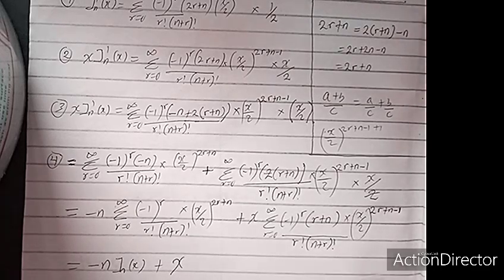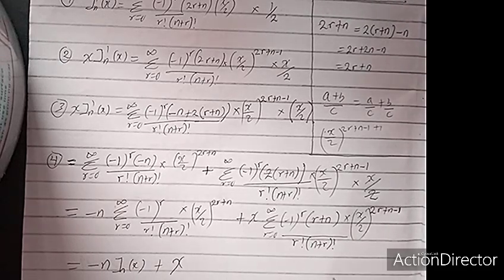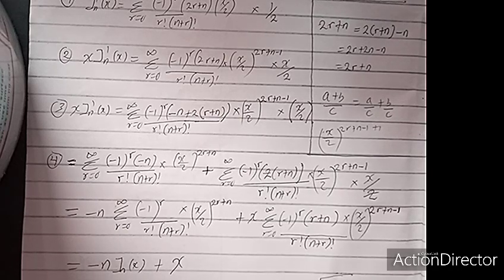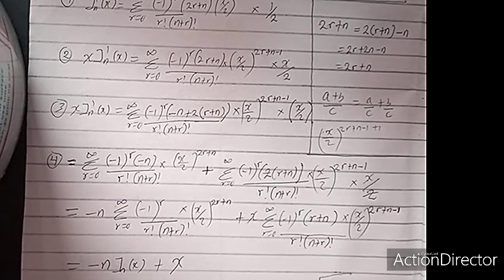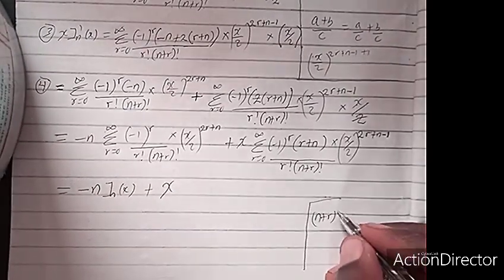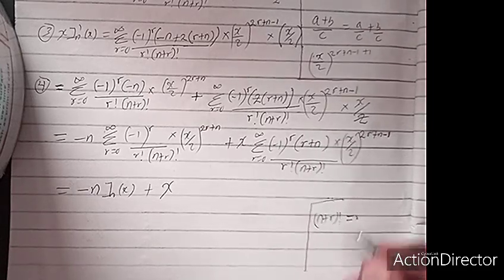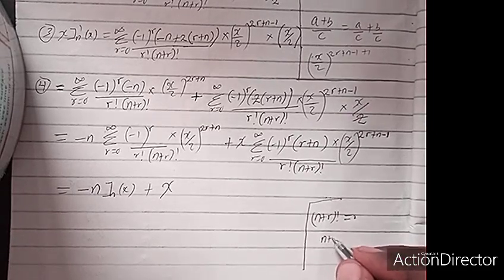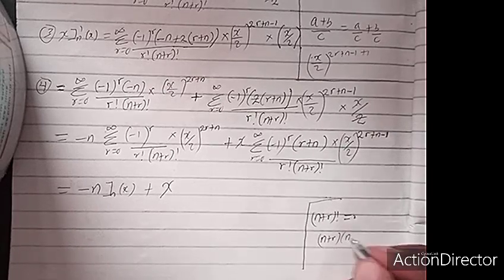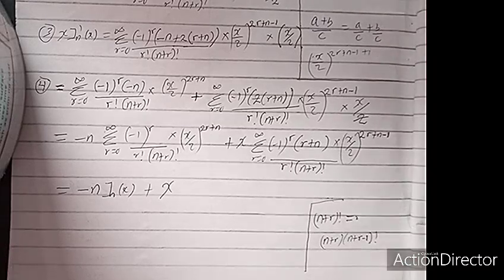So now let us check this explanation box so that we will know what we are doing there. You know that n plus r factorial is the same thing as what? Okay, let me write it here. It's the same thing as n plus r times n plus r minus 1 factorial, because it will continue to decrease by 1.